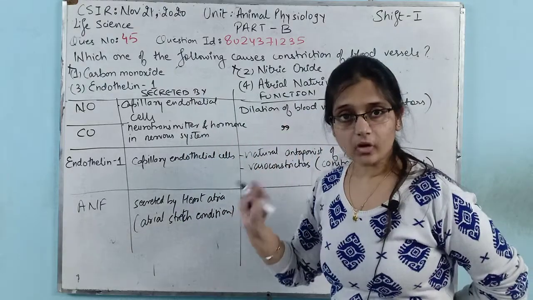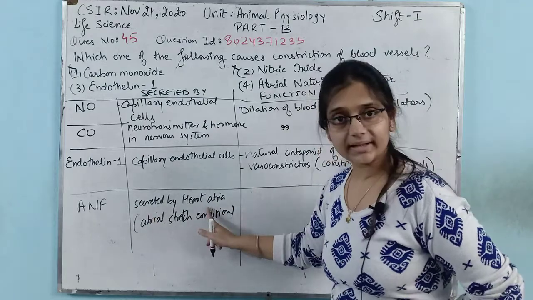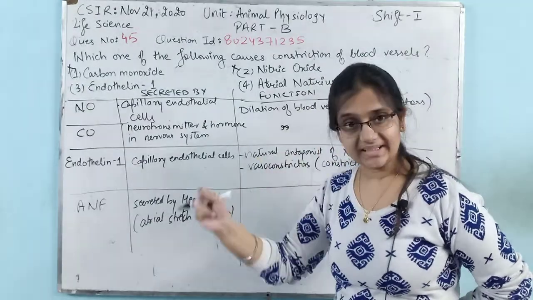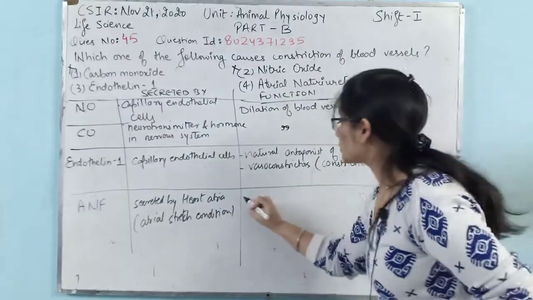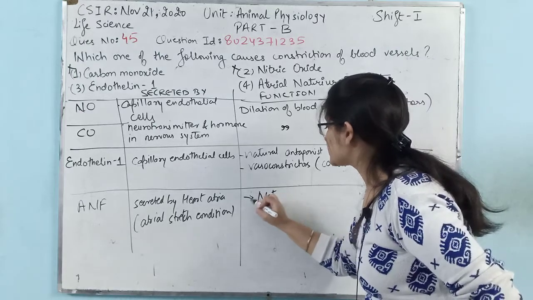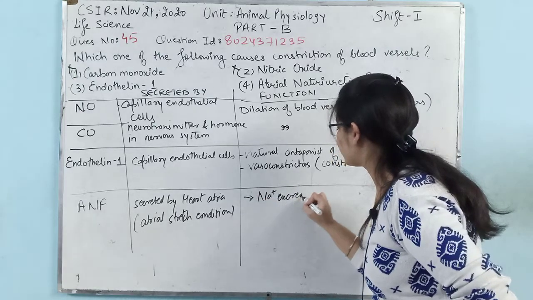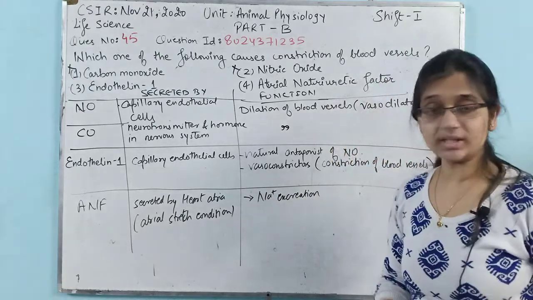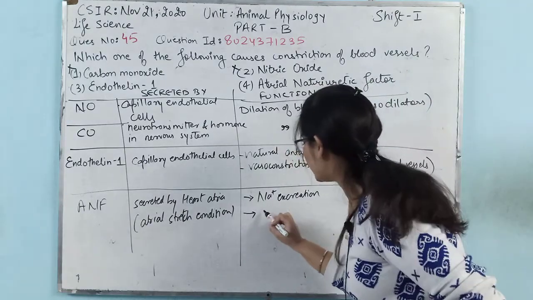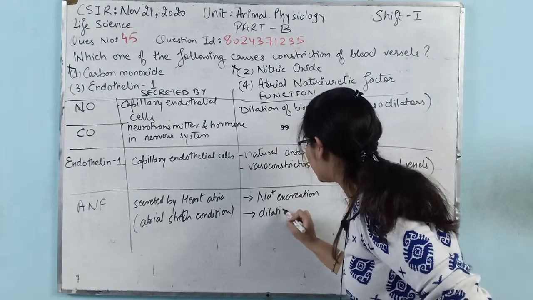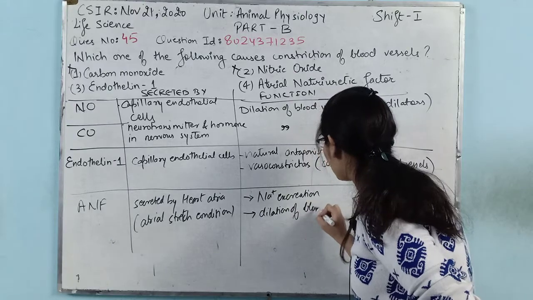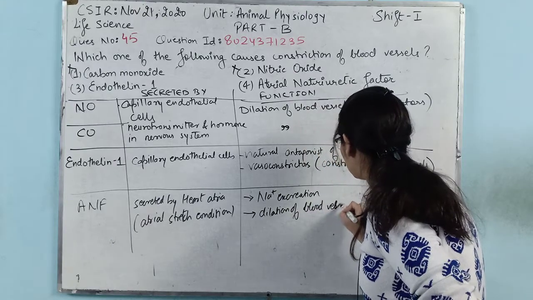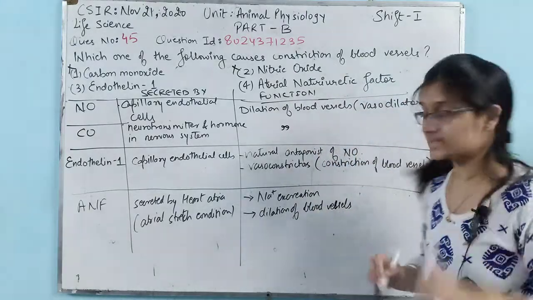The ANF hormone, which is secreted by heart atria, acts on the kidney cells and there it causes sodium excretion and it also causes dilation of blood vessels in the glomerulus. Right?